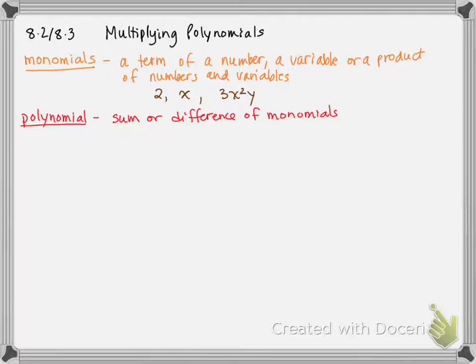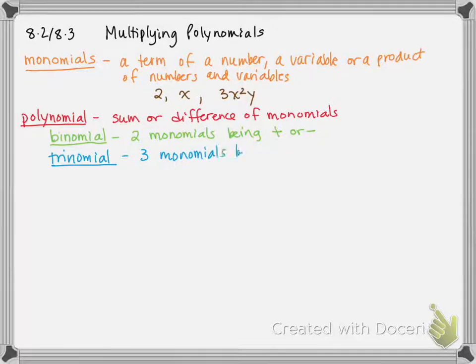Now, we have two special names that you need to know. If we have just two monomials, that polynomial is called a binomial. So it's two monomials being added or subtracted. Okay, and then if we have three terms, trinomial, tri meaning three, remember tricycle, so it's three monomials.